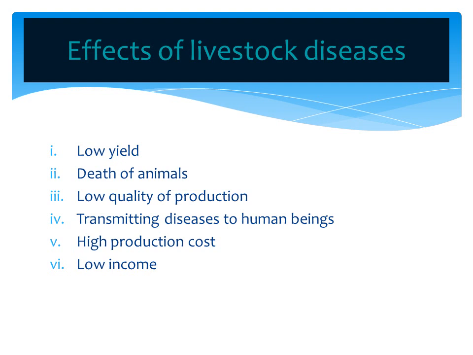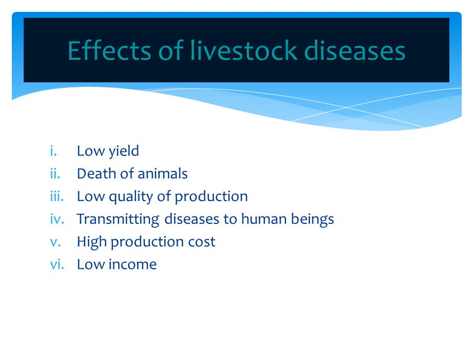Effects of livestock diseases. The effects of livestock diseases include low yield. Low yield is the same as low produce. Diseases lead to reduced produce by animals. If the animals are usually milked 15 liters, it reduces to 12 or 10.